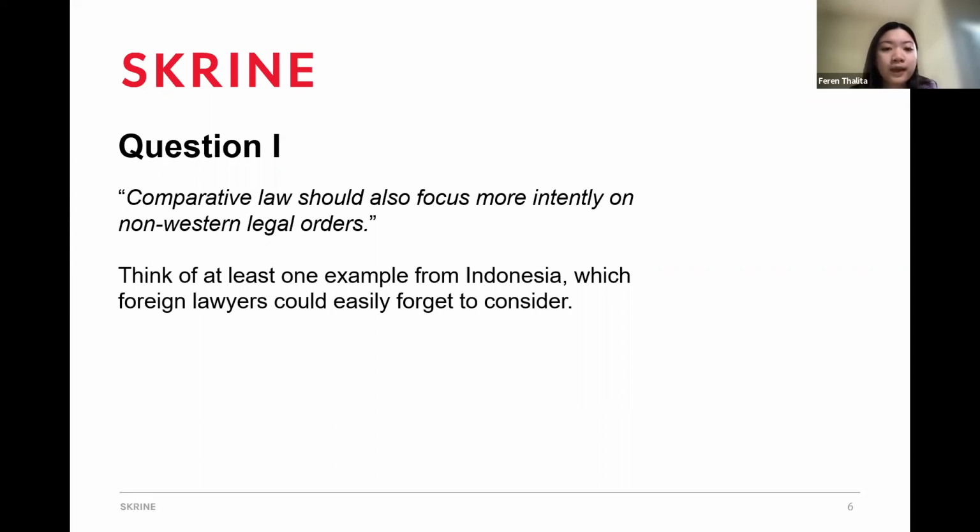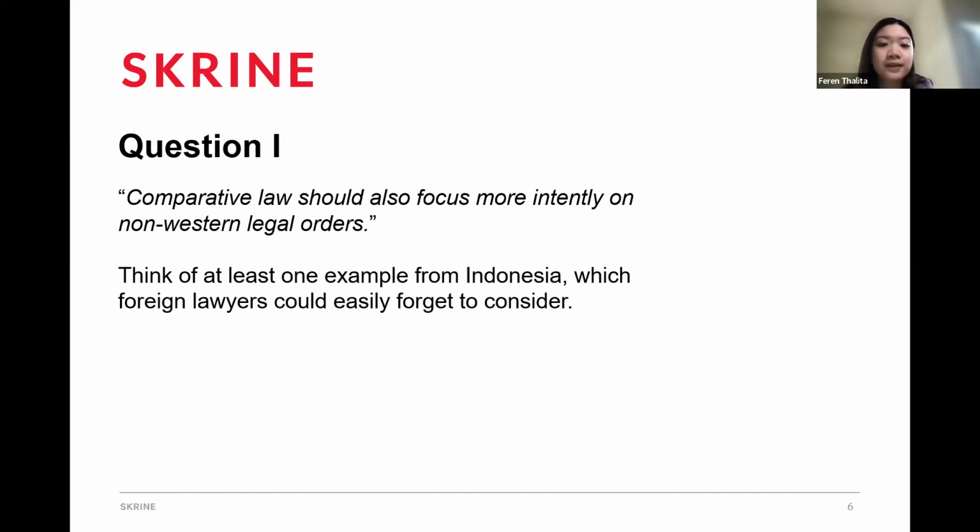So if they are to compare 2 different laws or maybe more, the lawyers should also consider and maybe get into more details on the principles of how the law is constructed.